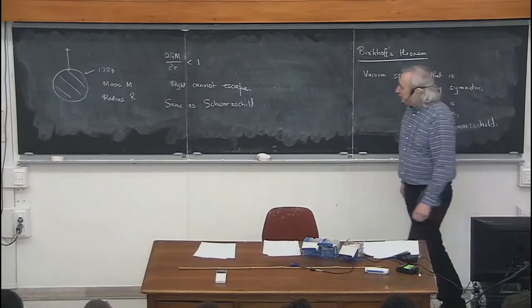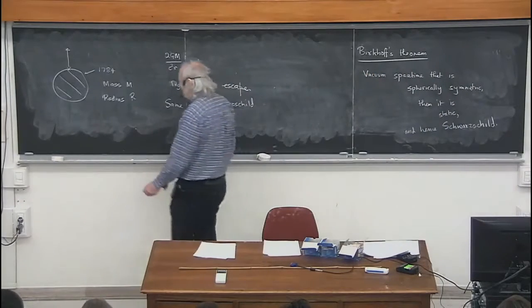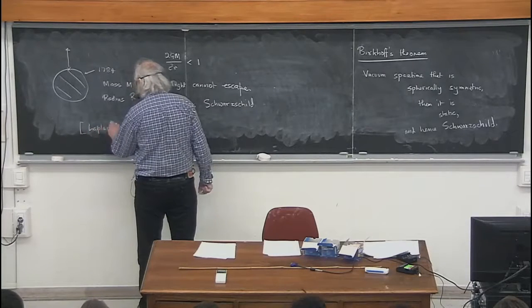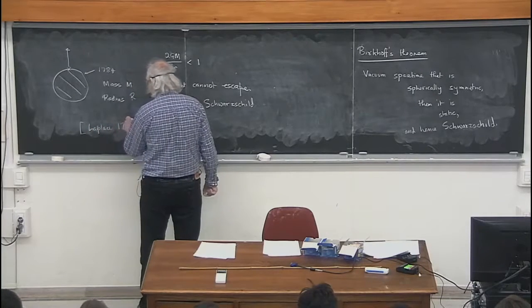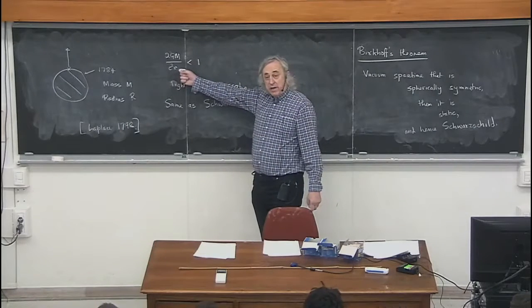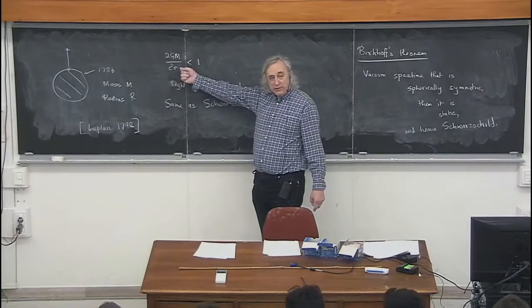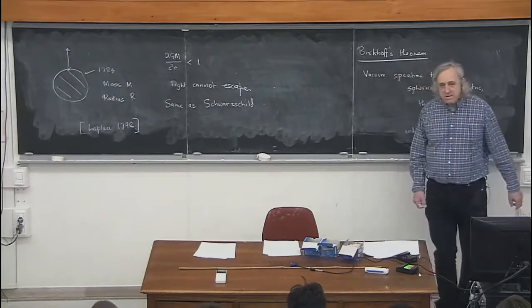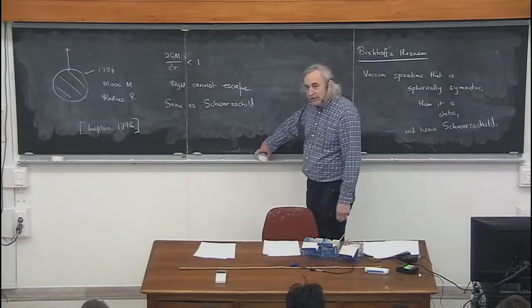There is a similar result due to Laplace in 1798. But the question you want to ask is, is this condition ever realizable for an honest star, or body of any kind for that matter? So that's the question that we want to actually address now.